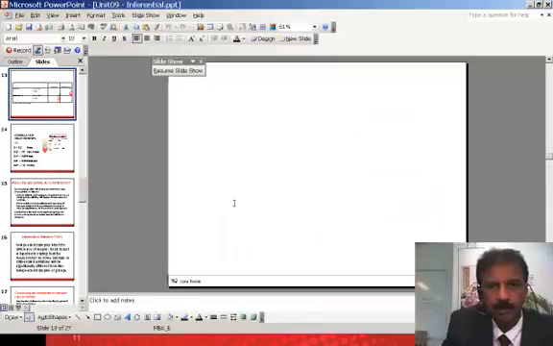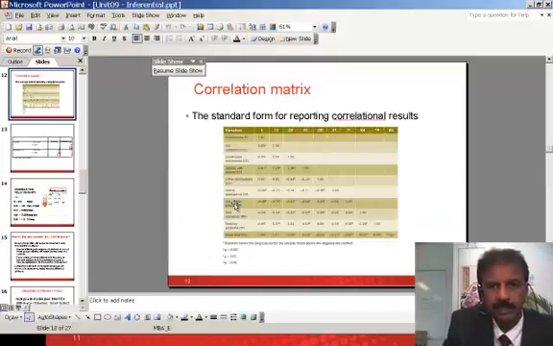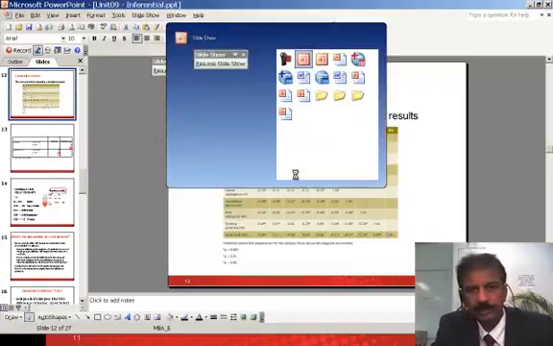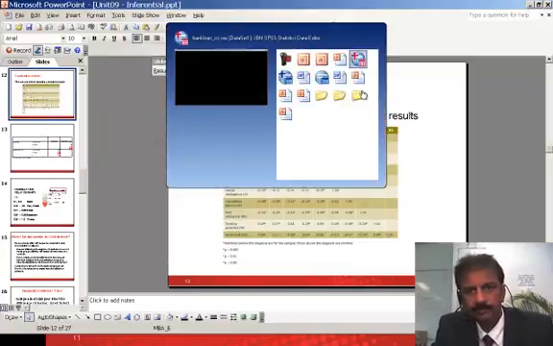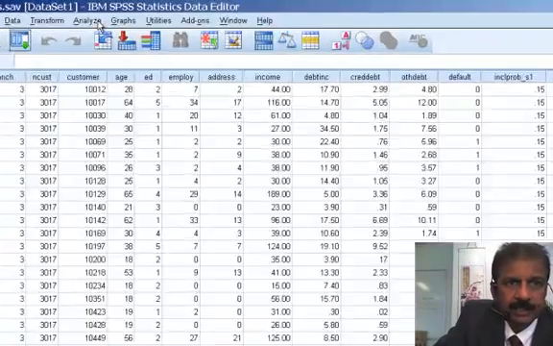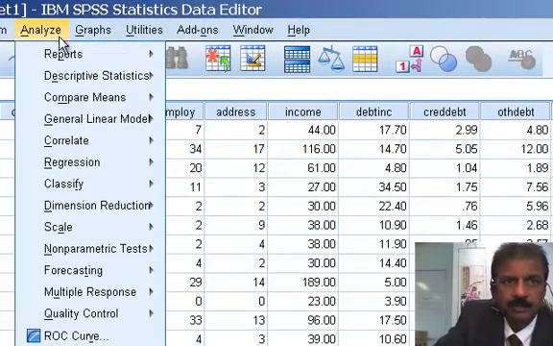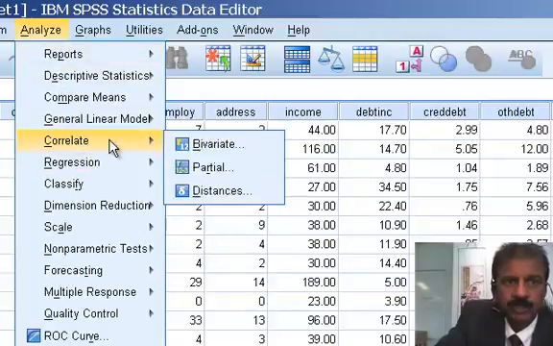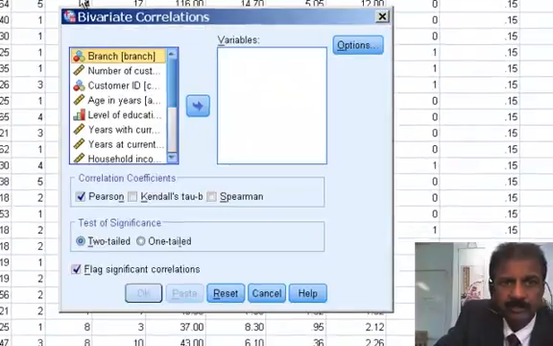All right. Now, one of the things about correlation you must understand is, and let's see if I can take you to our SPSS slides now. Okay, this is our data file. What I want to do for correlation is look at a correlation between two variables. And again, we go to analyze, correlate, and go bivariate.